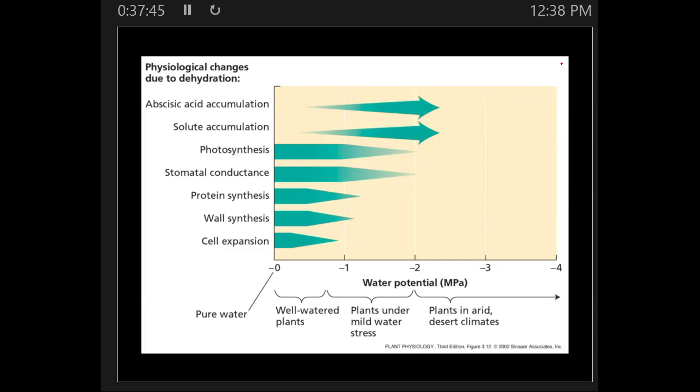So what this is really saying is the plant is deliberately doing this. Okay, the plant is deliberately cranking up abscisic acid. It's a hormone that the plant has. And when it senses it's getting droughty, I'm not getting enough water, one of the responses by the plant is to increase abscisic acid.